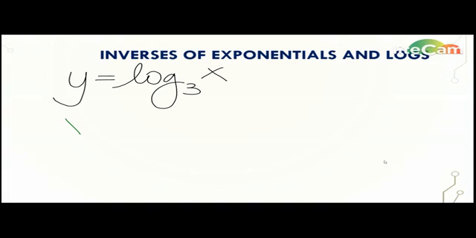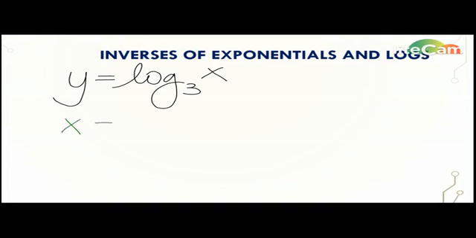The inverse of a log, the new equation, is going to be an exponential. Okay? It's just like when we did inverses of a parabola. Remember, if we inverse the parabola, it became a square root function. That's what we're doing here. If we inverse an exponential, it becomes a log. If we inverse a log, it's going to become an exponential.